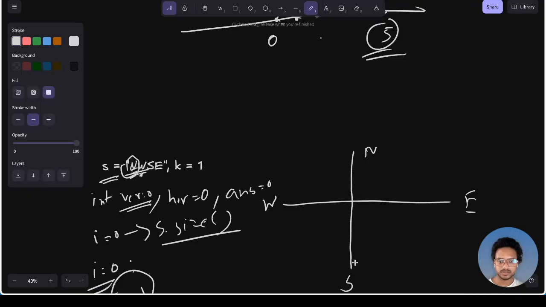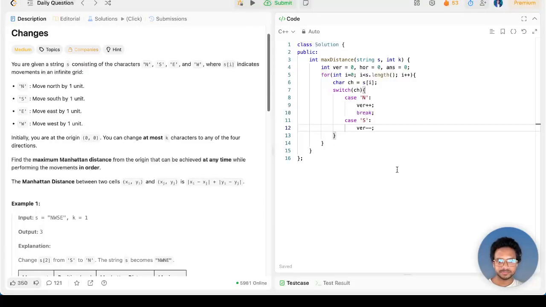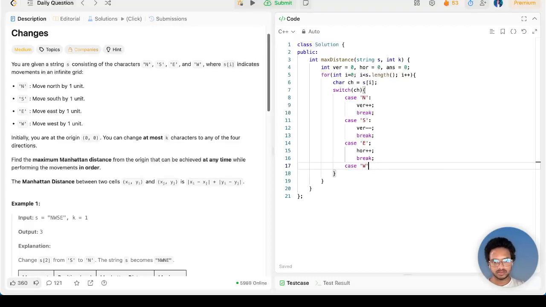Yeah, south means vertical minus minus. Then break. And if the value of the character is east, I have to increase the value of my horizontal. Again, break. Here the case is west: horizontal minus minus, break.